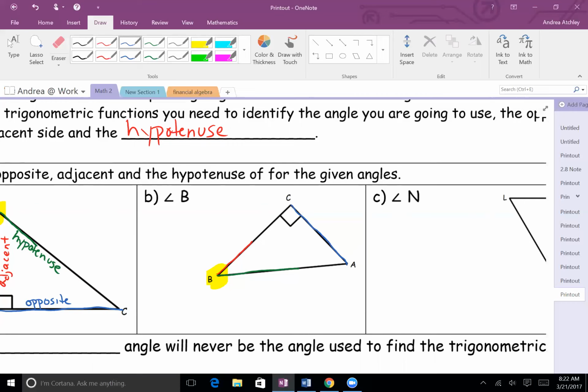Okay, Genesis, which one is the opposite side? CA, okay, because it doesn't have the B in it, right? It doesn't make up that angle. So this is the opposite side.